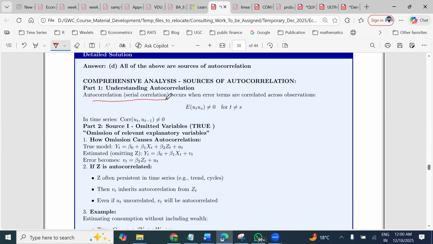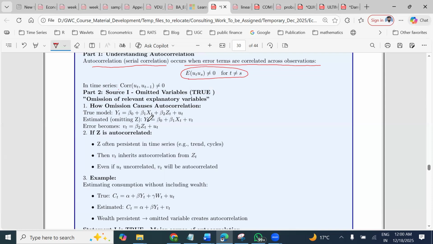Autocorrelation means serial correlation. It occurs when the error terms are correlated across observations, like this. This is the notation. In time series, usually the correlation should not be equal to 0. Now the question: first one is omission of relevant explanatory variables.